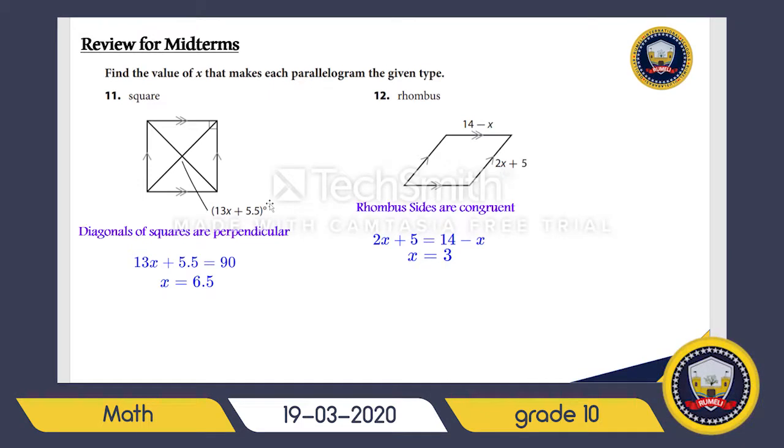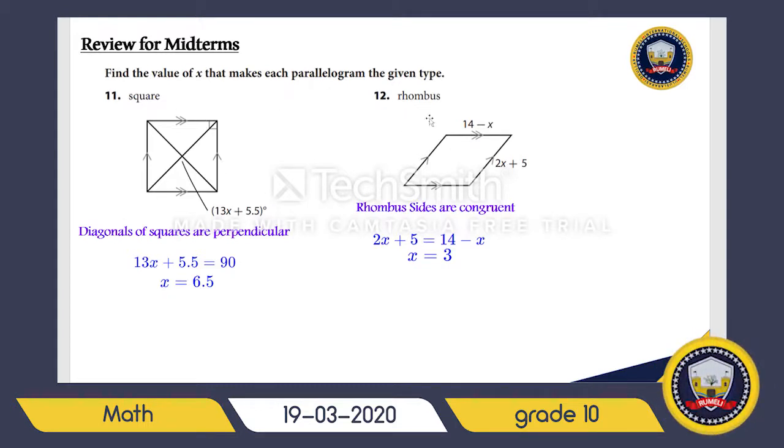When this shape is going to be a square, remember the property of a square is that its diagonals are perpendicular. They make 90 degrees here. So 13x plus 5.5 equals 90. Solve this equation, then x is 6.5. So when x is 6.5, my shape is a square.